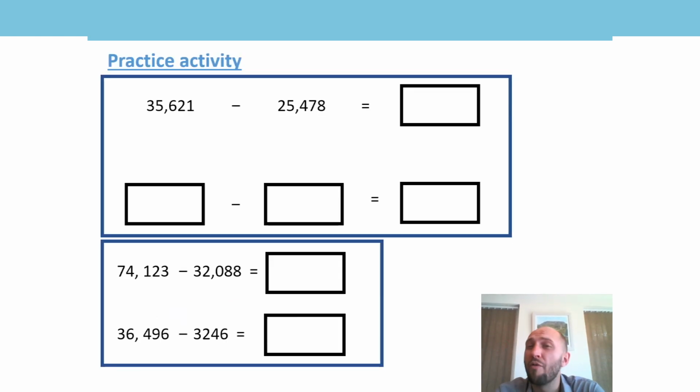Wow, you've worked really hard today. I'm really impressed. And you know what? You should be impressed with yourselves as well. Between now and your next lesson, I'm going to ask you to transform these calculations. I'm going to see if you can apply that understanding of our STEM sentence to make these calculations easier to complete. You'll see the first one, I've set it out how we've been doing it.